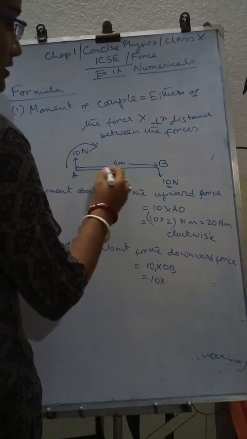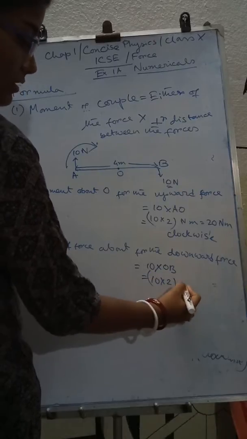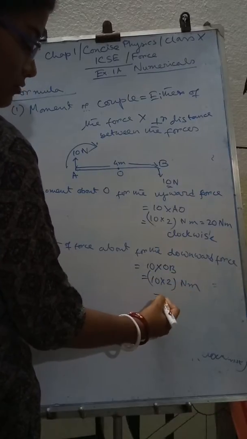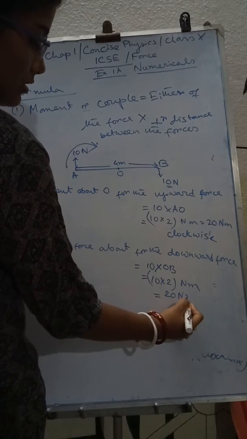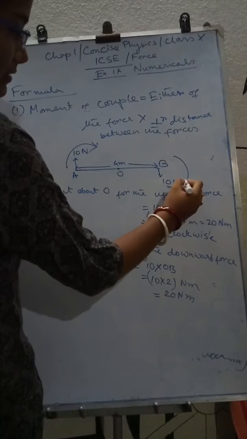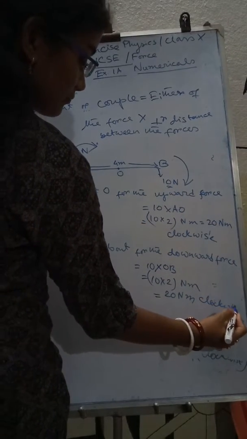Since O is the midpoint of AB, OB will also be 2 meter. So the required moment will be 10 into 2 Newton meter, that is 20 Newton meter, and this direction will also be clockwise.